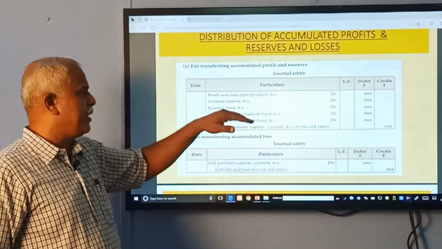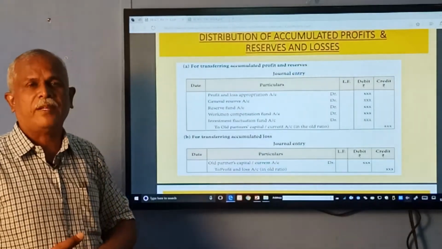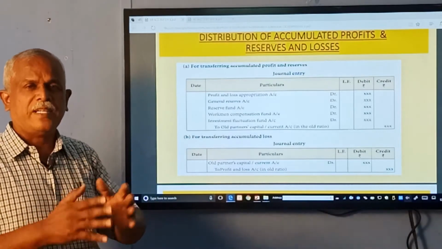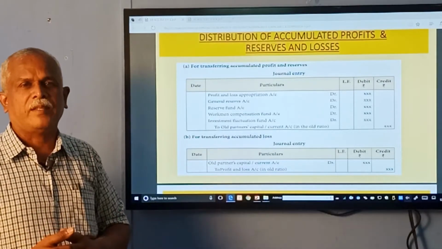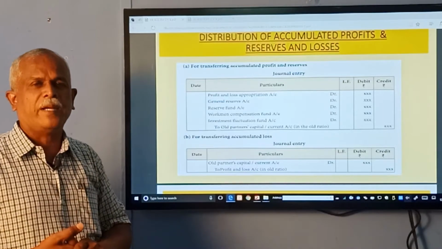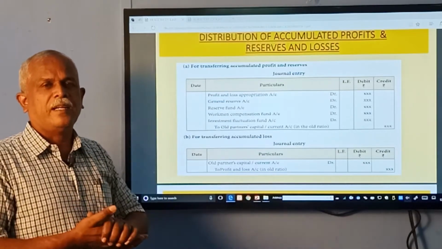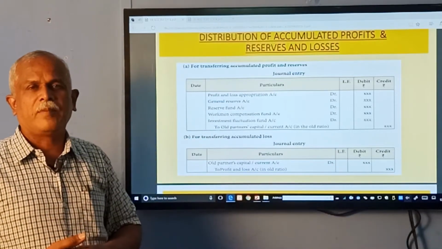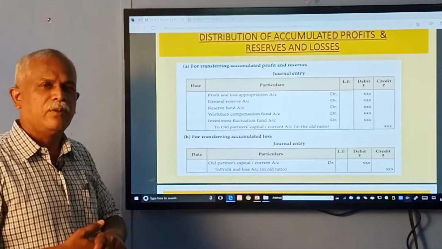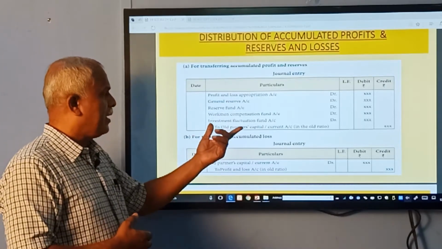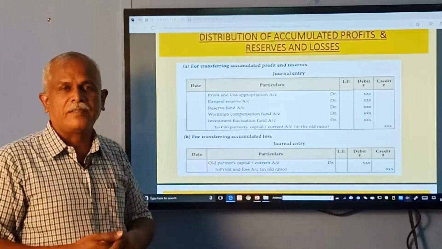This you must be seeing as new. Workman, what is workman compensation fund? This is the amount set aside for the workmen's welfare. Now, since it is going to become a new firm, whatever is accumulated and not utilized will be transferred to old partners.